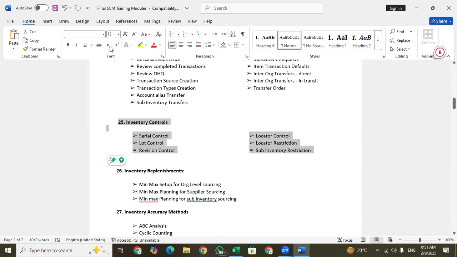For example, Microsoft Word. Microsoft Word is released every 3 months, 3 years, or 1 year, with every new release, MS11, MS12, MS13. So from MS11 to MS12, what are the changes? Where can we track that? By using inventory controls.